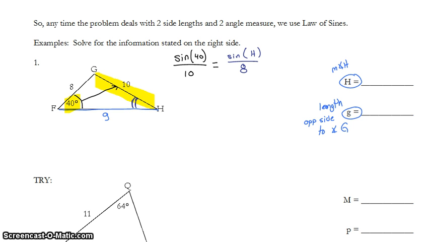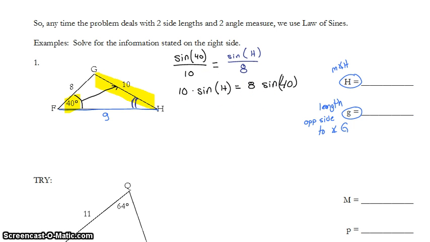This is cross multiplication. My variable is inside my sine function. When I cross multiply this, I get 10 times the sine of angle h equals 8 times the sine of 40 degrees. I am not going to multiply or put any of this into my calculator yet.